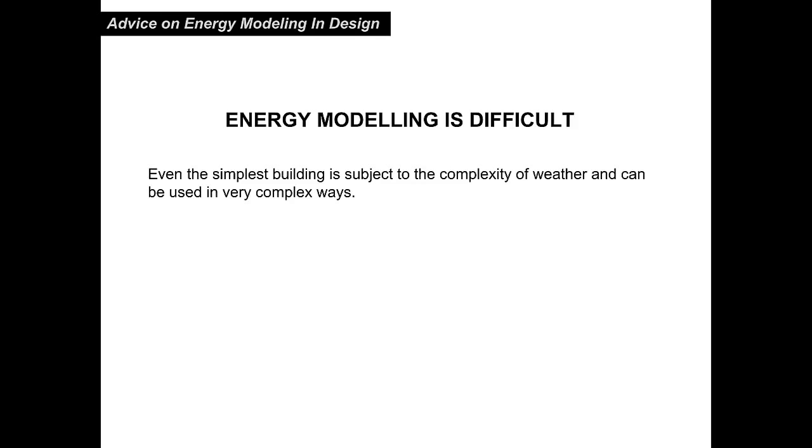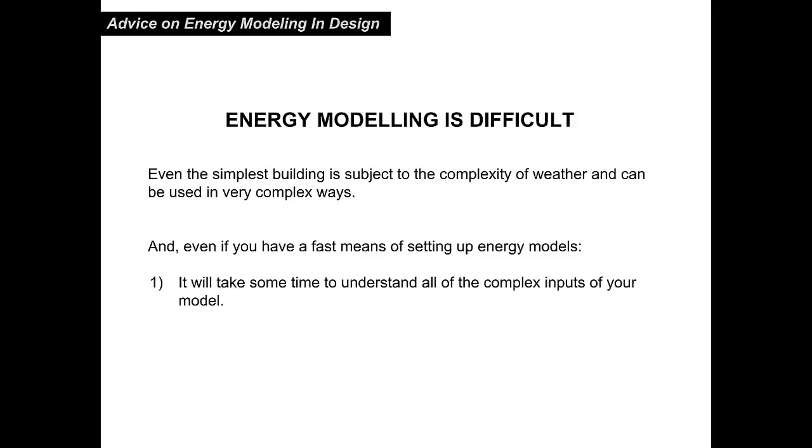But because of this complexity, even if you have a fast means of setting up energy models, and I will say Honeybee can be a very, very fast way of setting up energy models, primarily because it cuts out the most time-consuming step of recreating the geometry by virtue of the fact that we're plugged into Rhino. But even though it's very fast, one, you still have to take time to understand all these complex inputs of your model, all this complex weather and complex user variables.